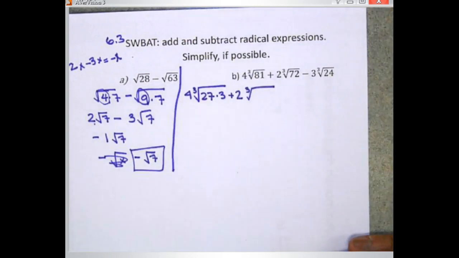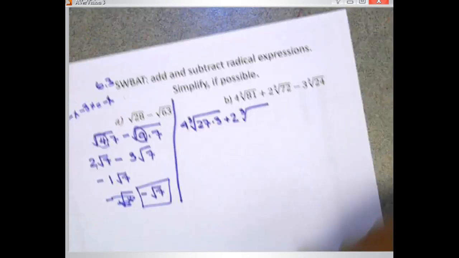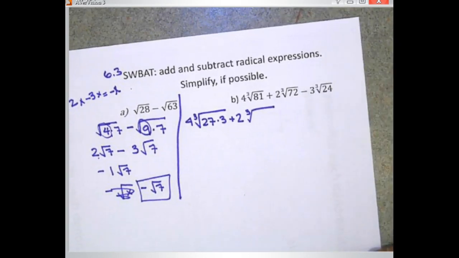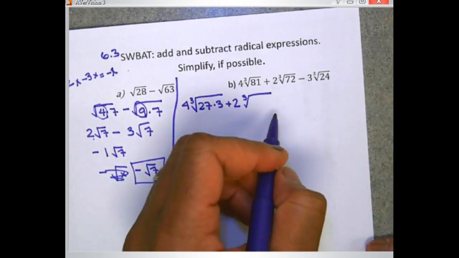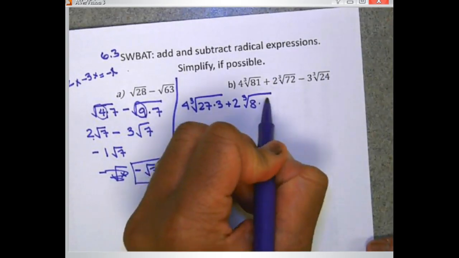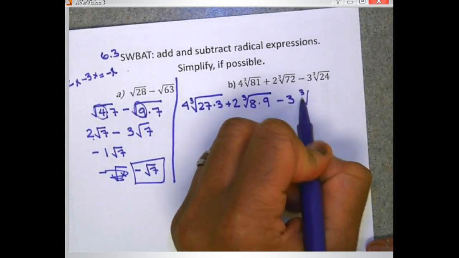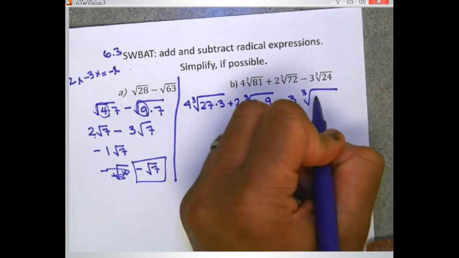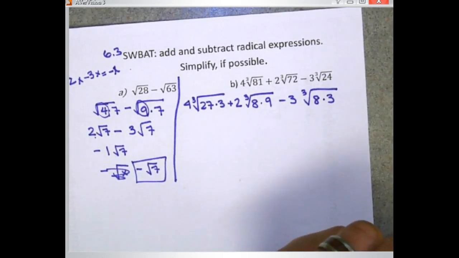So what I'm doing is I'm looking at my list of perfect cubes, and I'm basically dividing 72 by each number until I find the biggest one that goes into it. So it wasn't 1, it wasn't 8. Oh, it was 8, just kidding. 8 times 9 gives me 72, minus 3 cubed root of, what's the biggest one that goes into 24? 8 again. 8 times 3 is 24, and 8 is my perfect cube.